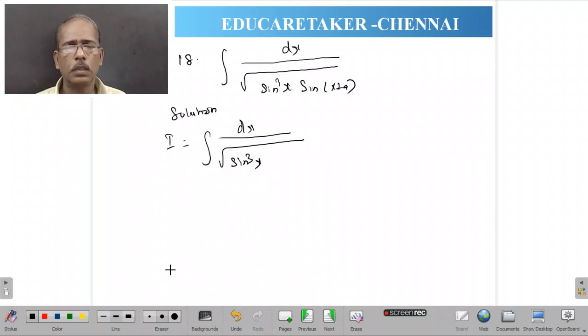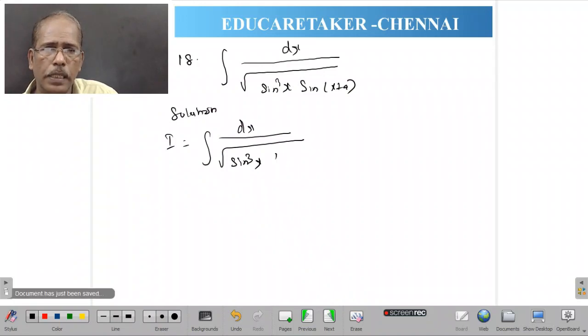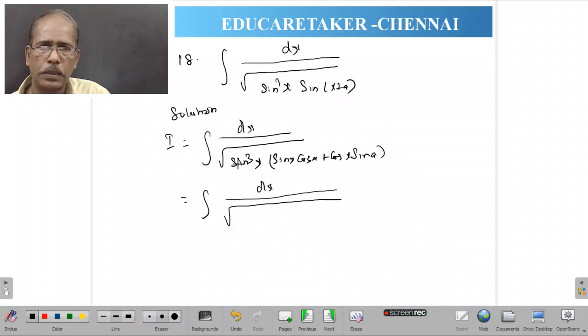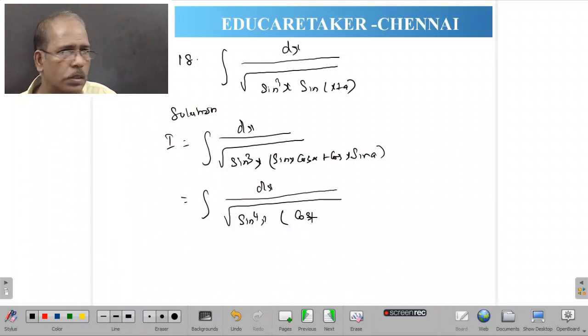Now what to do? We can expand sine of x plus a using the compound angle formula: sine x cos a plus cos x sine a. If we take sine x as a common factor from the second factor, sine cube x becomes sine power 4 x, and the remaining is cos a plus sin a into cot x.